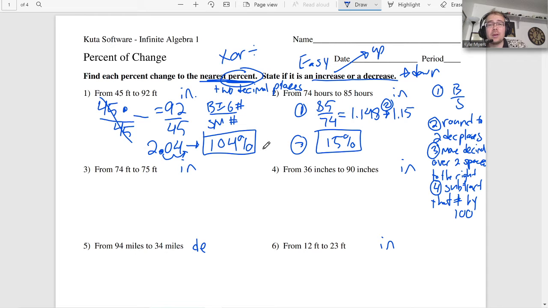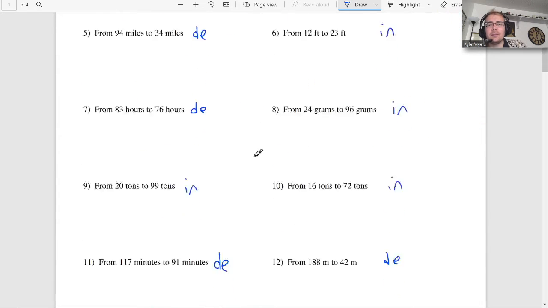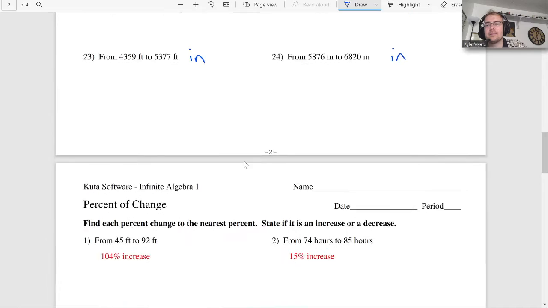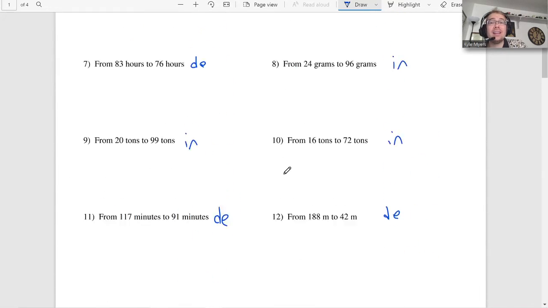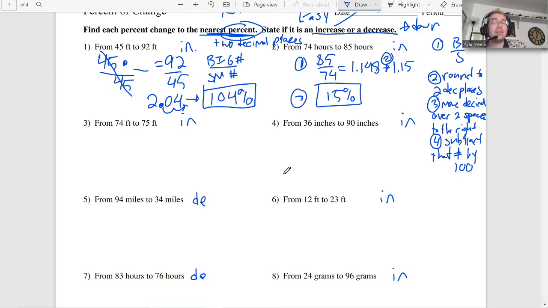Because if you remember, when we looked at the answers, it was 104 and 15, right? Because we're trying to figure out what the increase is, not what the change is. So it changed by 204%, but it went up by 104%. Okay? A little tricky. We'll explain probably a little bit more as we go here.